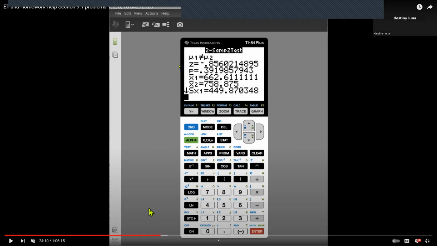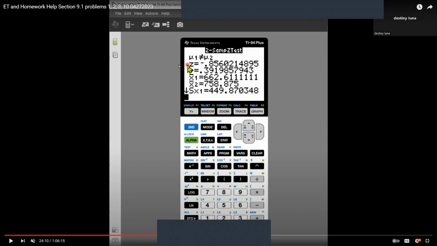And the things that I want to pay attention to on this screen, my test statistic is right here. Z is my test statistic. Make sure that you set your alternative to not equal to. And your Z is negative 0.8560.